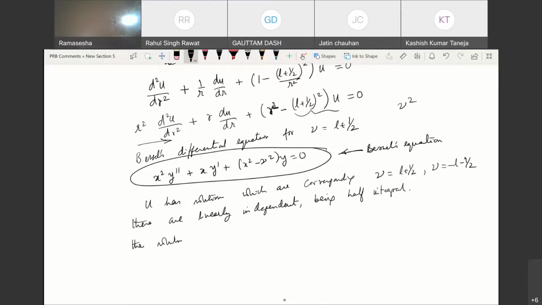the solution R of r, having the form u of r by root of r.